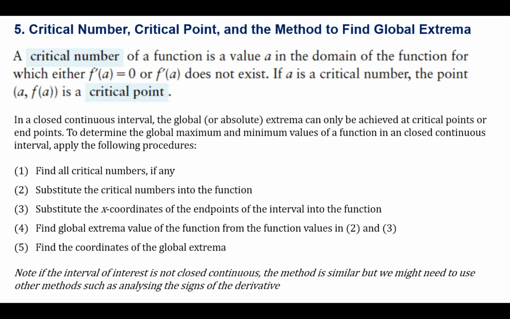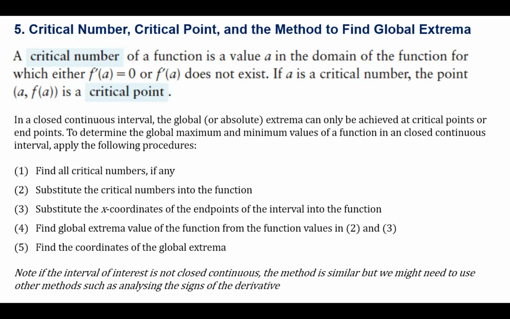Okay, next, in a closed continuous interval, the global or absolute extrema can only be achieved at critical points or endpoints. To determine the global maximum and minimum values of a function in a closed continuous interval, we can apply the following procedures. First of all, we can find all the critical numbers, if any.